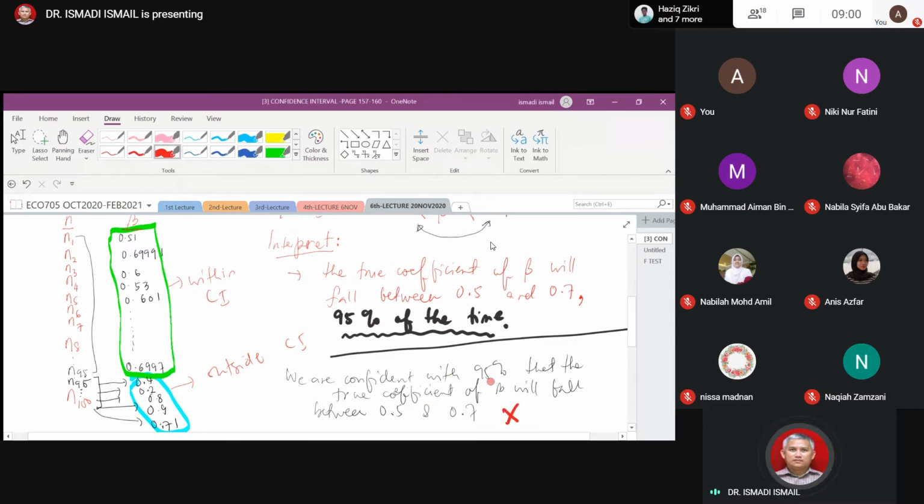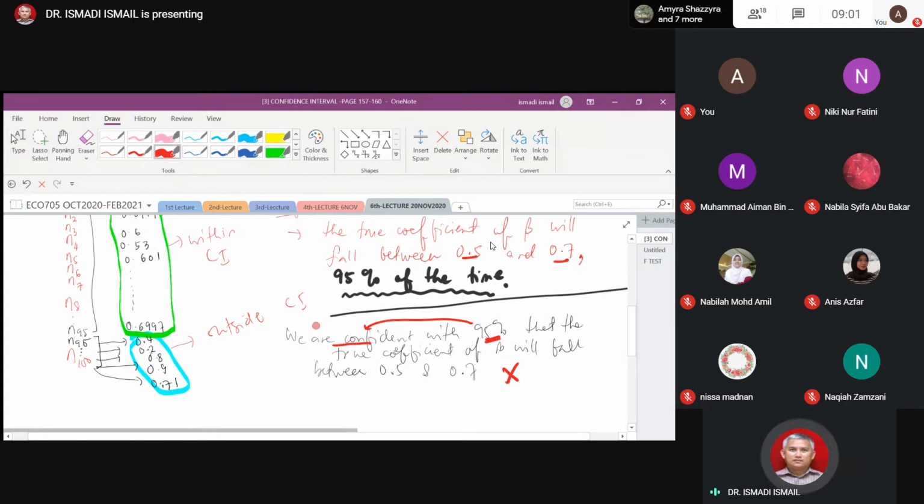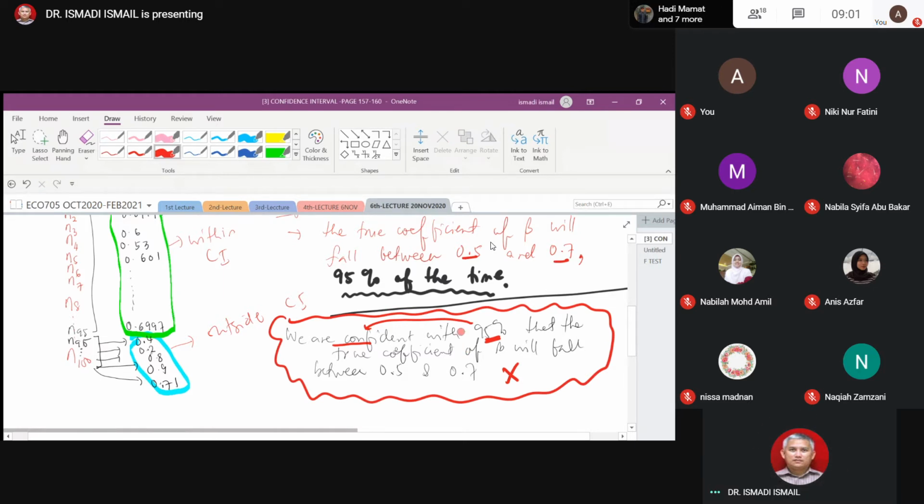This 95% is not measuring how confident you are. 95% here is referring to 95 cases out of 100 cases where the true value will lie between 0.5 and 0.7. That's why we need the phrase 95% of the time. Many lecturers will interpret it like this because they think that 95% is the confidence level of the analysts or researchers. It is totally wrong. You just read the book.